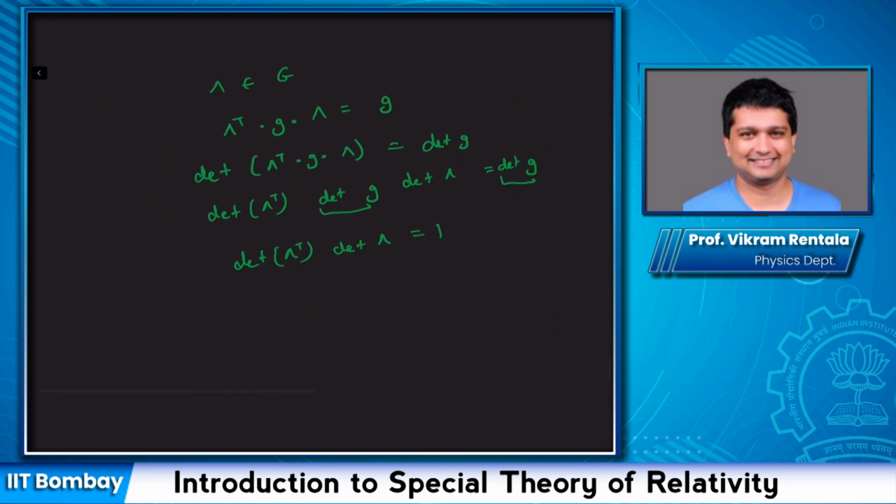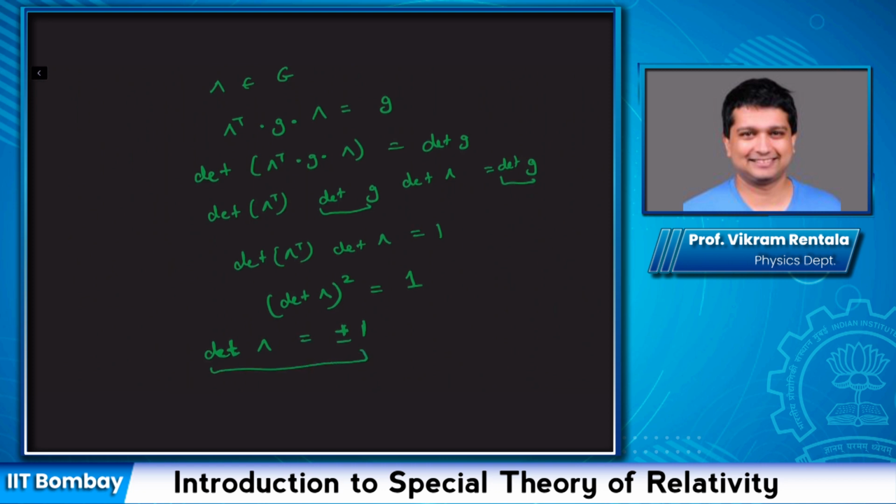And determinant of lambda transpose is the same as determinant of lambda. So what we get is this. The determinant of lambda, assuming that we're making transformations with real numbers only, is either +1 or -1. You don't have any other choice.